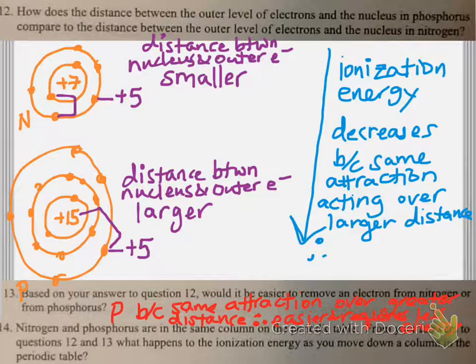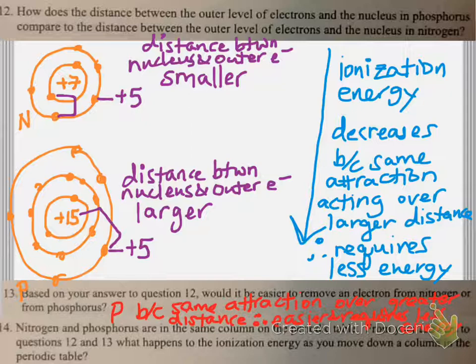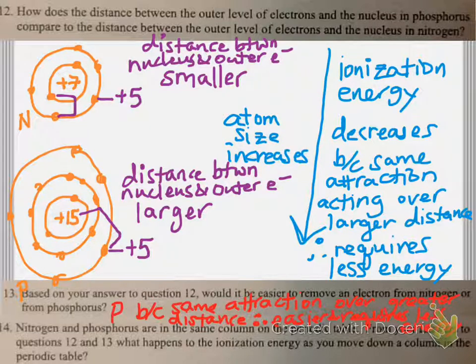Therefore, it requires less energy. So as you move down a column of the periodic table, the ionization energy decreases because the size of the atom increases. Remember, our atom size is increasing because we're adding another level of electrons.